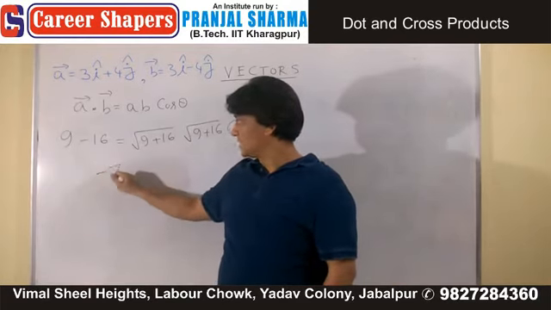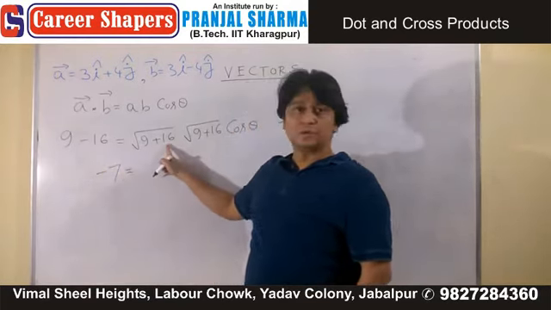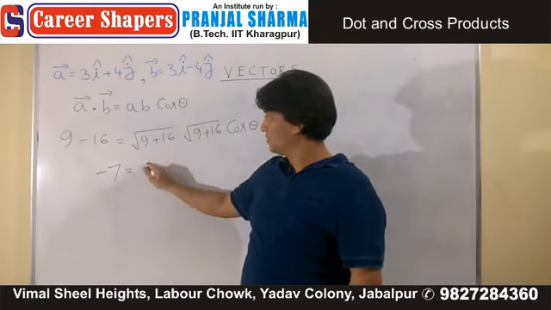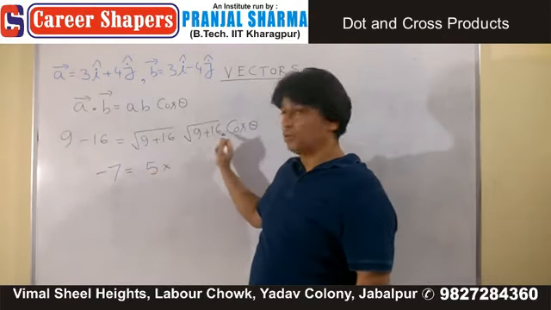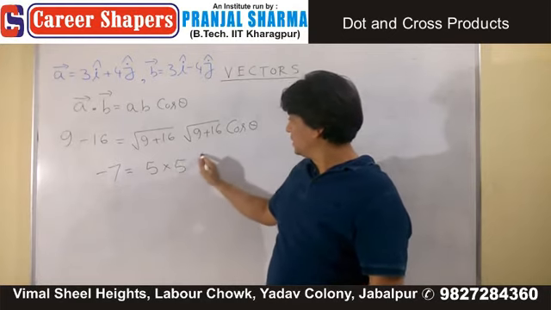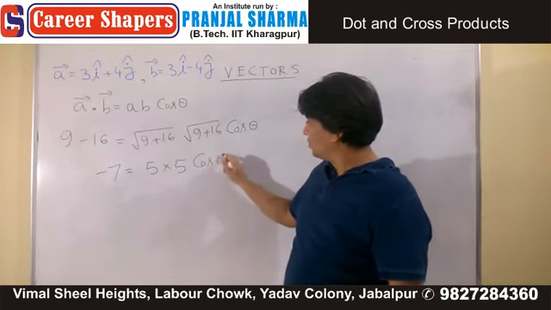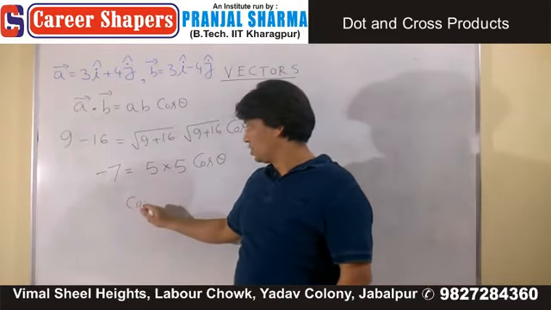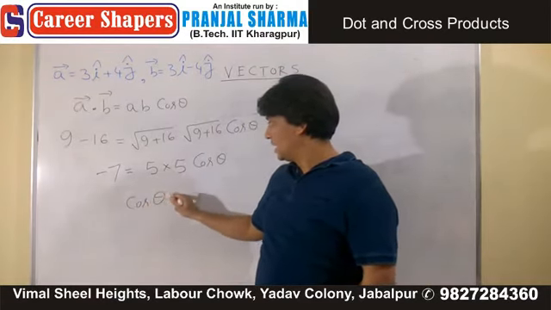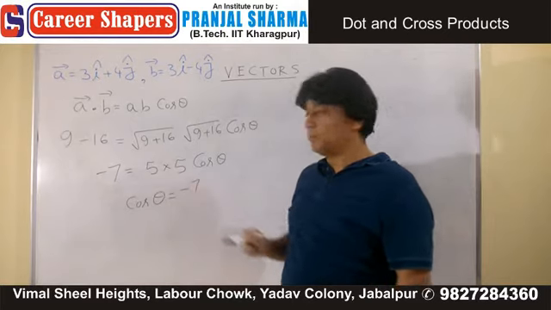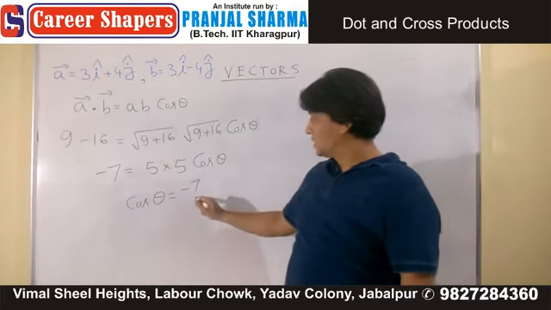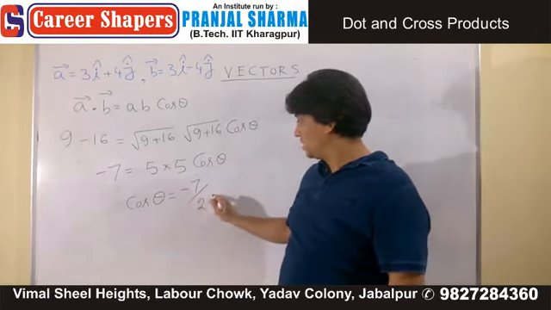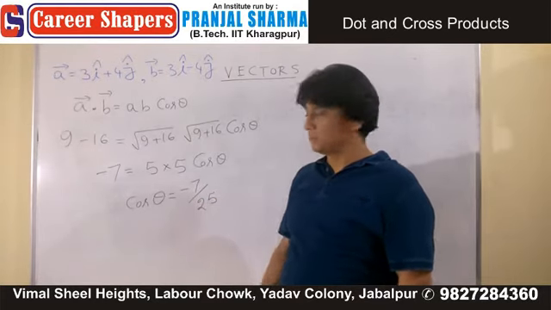This is minus 7. This is root 25. Root 25 into cos of theta. This is giving you cos theta as minus 7 divided by 25.